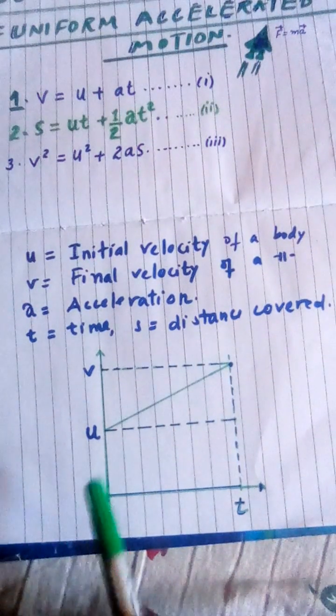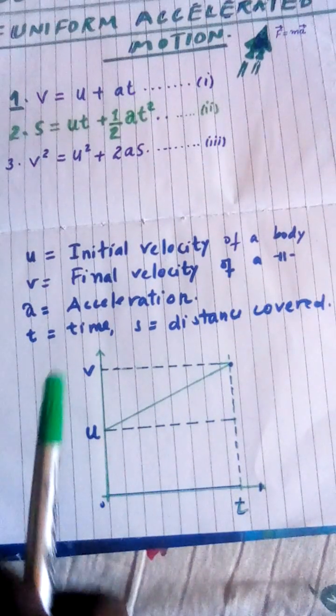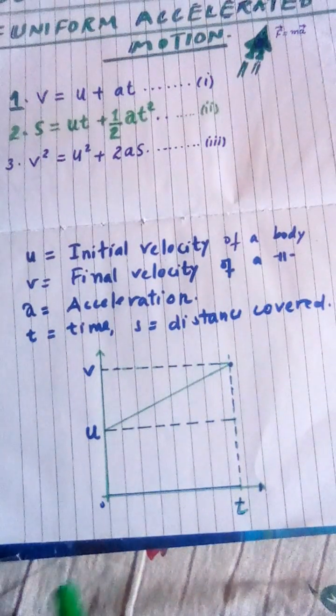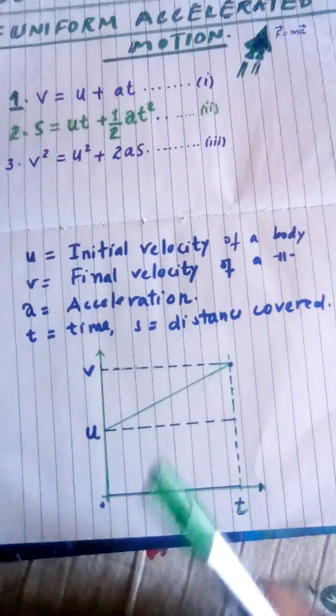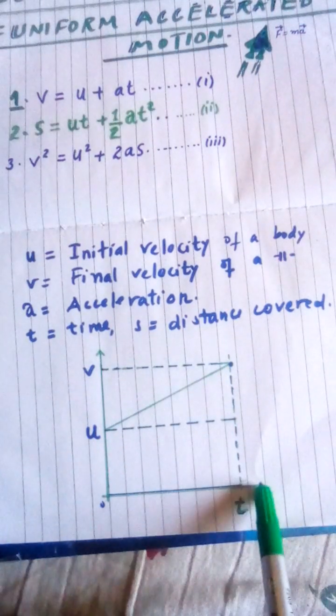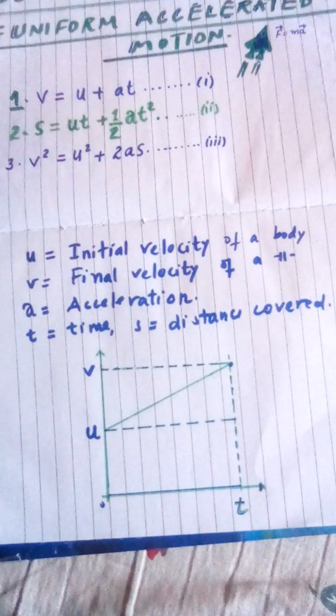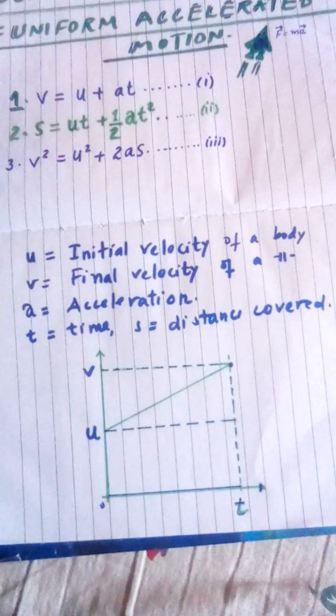Basically we have the body with the initial velocity u and the final velocity v. It accelerated from its initial velocity to the final velocity v in a certain time t. It is shown there. So you can see that this body had a changing velocity, so basically it had acceleration. We can go ahead and find that acceleration, just like that.